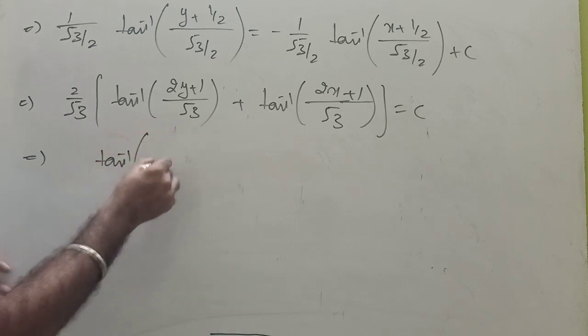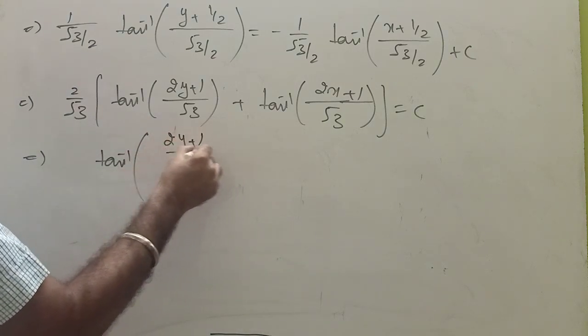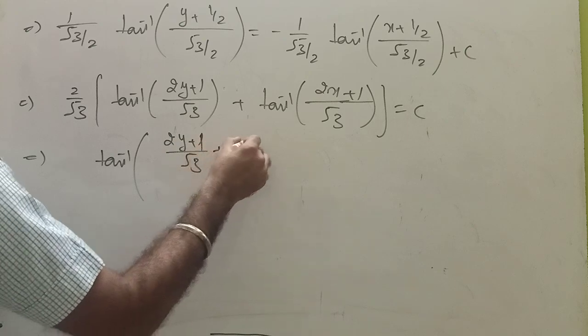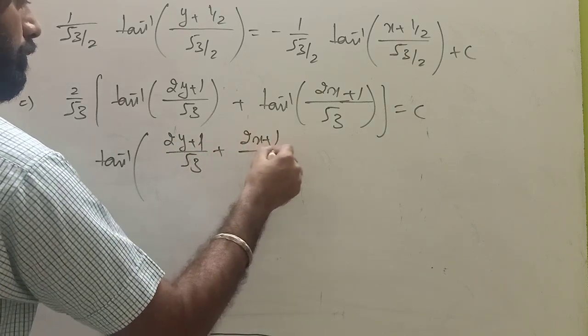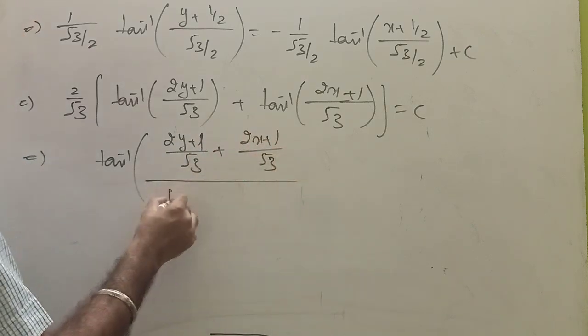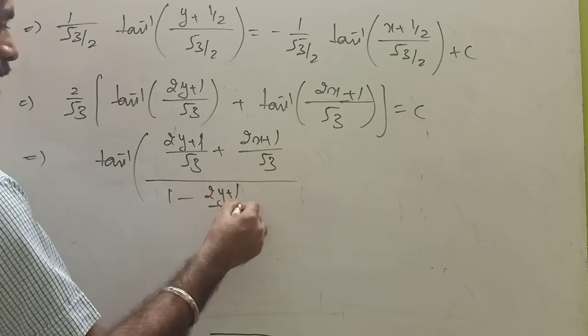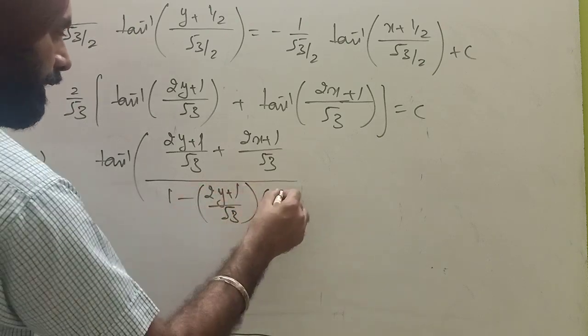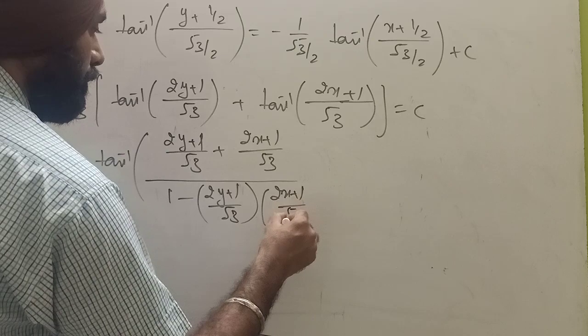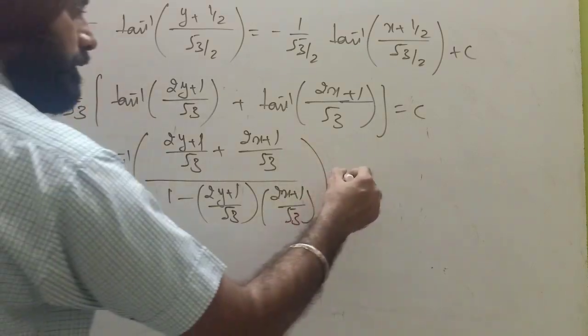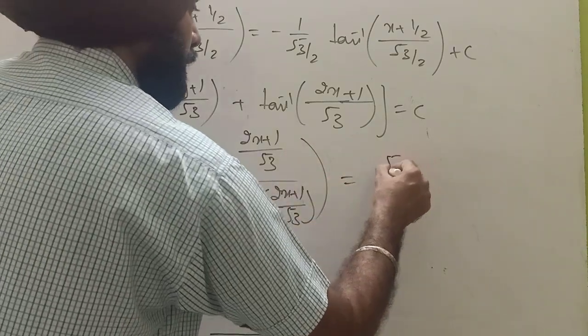So this is tan inverse x, this is (x plus y) over (1 minus x into y), is equal to root 3c by 2.